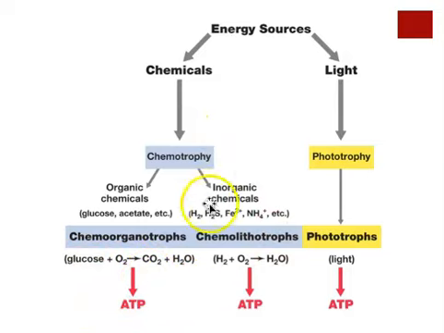In the other category, any microbe that is a chemotroph and obtains energy from inorganic chemicals falls into the category called chemolithotroph. And again, they're able to harvest energy from molecules that do not contain carbon and use that energy to build.